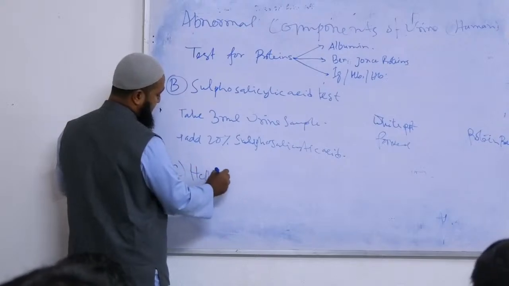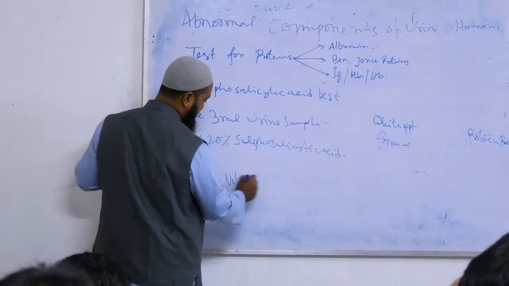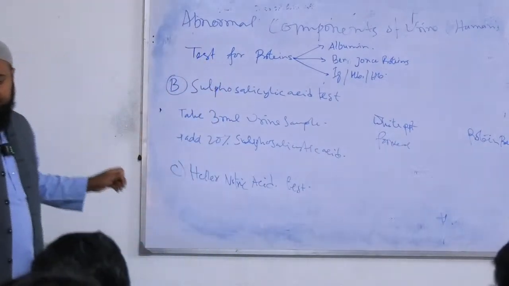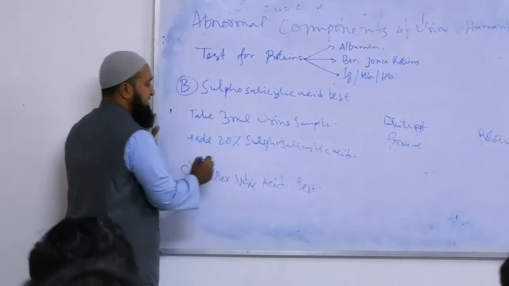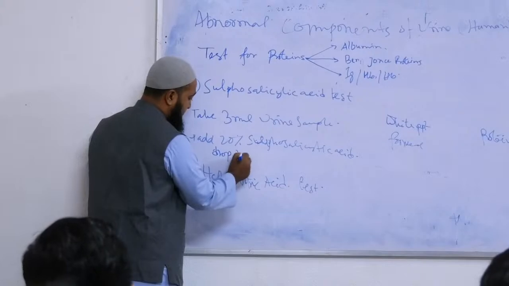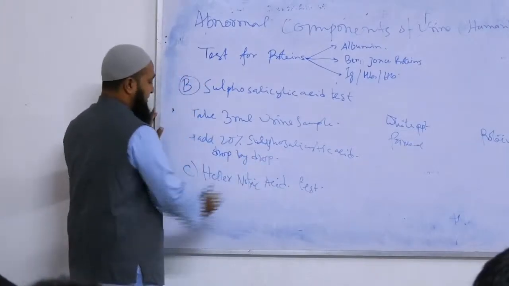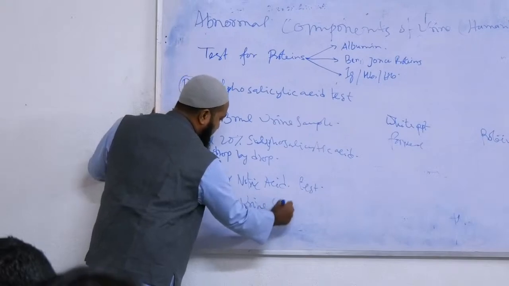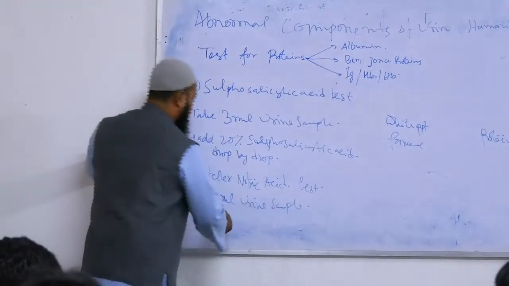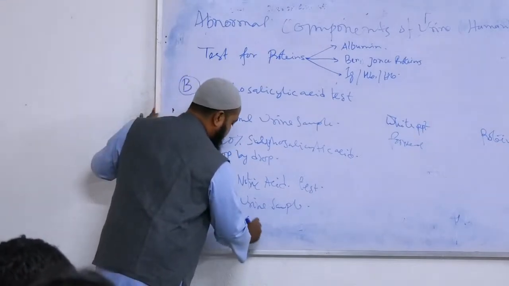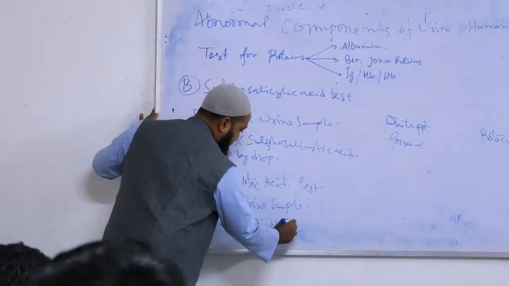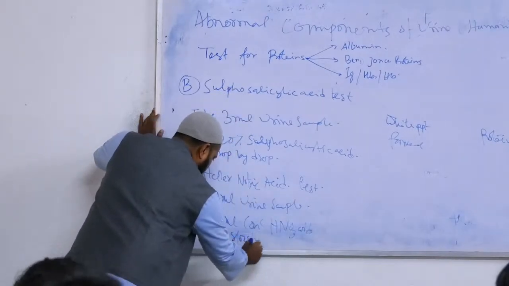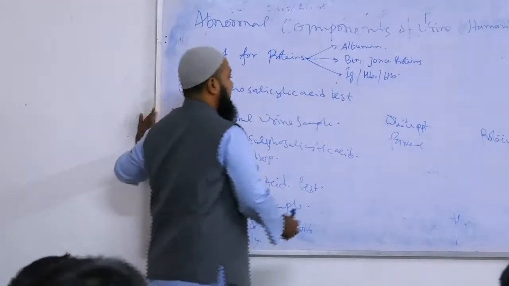सल्फोसैलिसिलिक एसिड add drop by drop. हेलार नाइट्रिक एसिड same way, the 3 ml urine sample plus 3 ml concentrated nitric acid, add slowly, very careful, concentrated nitric acid is very harmful.